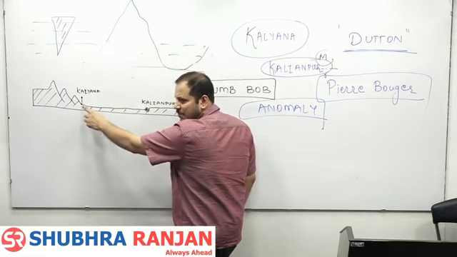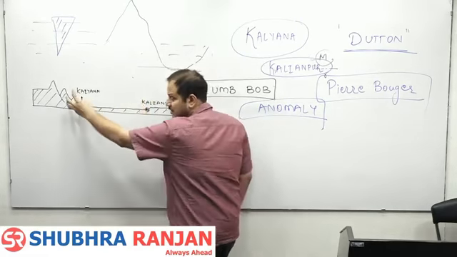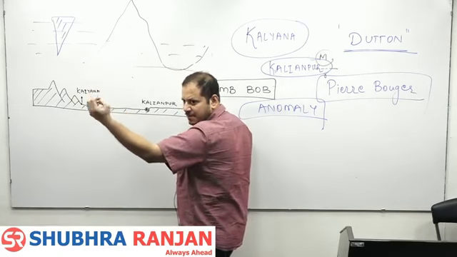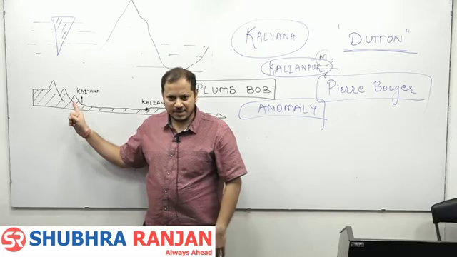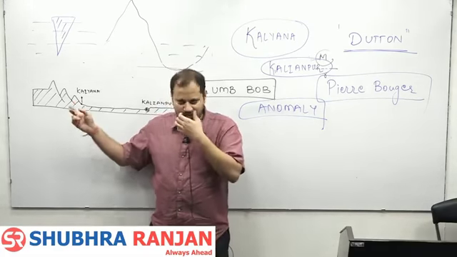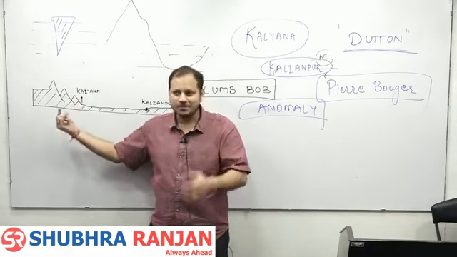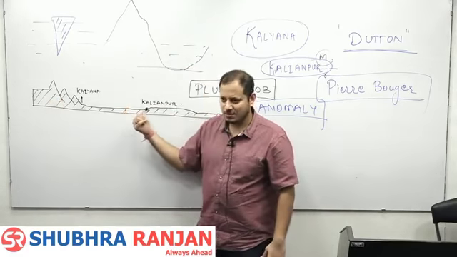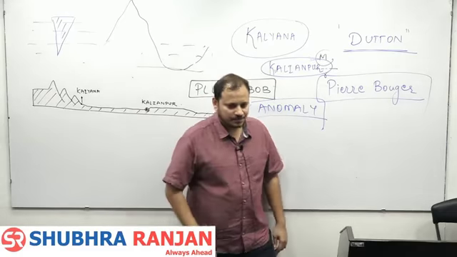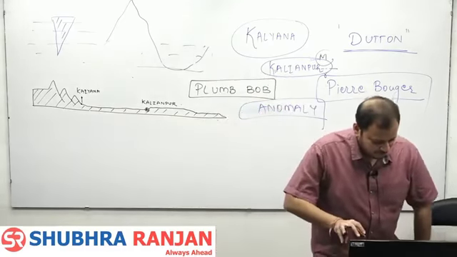But here, whatever he thought, if this is Himalayas, the density must be very high. That means he had made wrong assumptions regarding the density of the Himalayas, and therefore the deflection was not there. So what is the conclusion? Higher the rocks, less density. Flatter the rocks, more density. Fine? Kalyana and Kalyanpur.